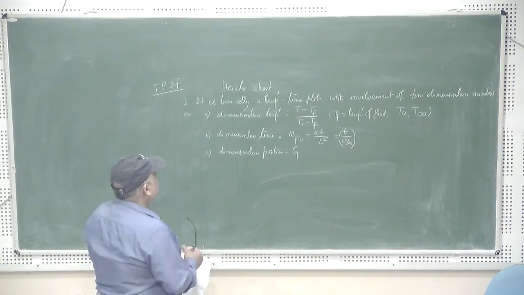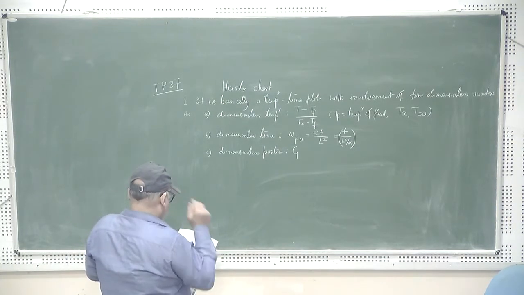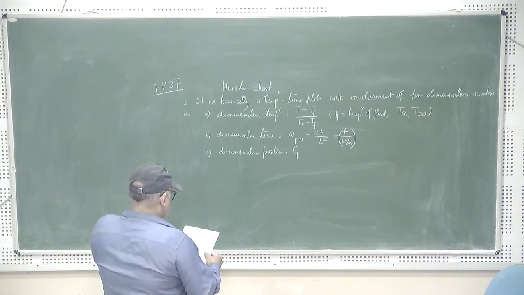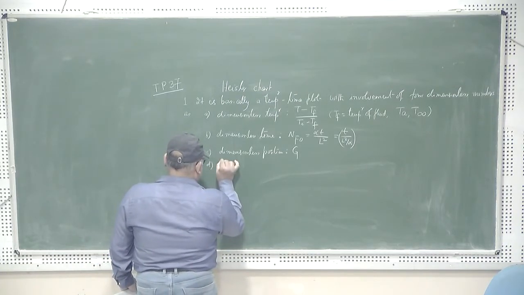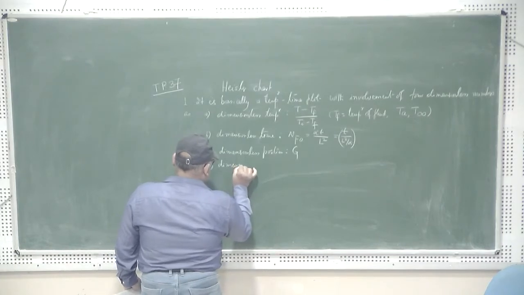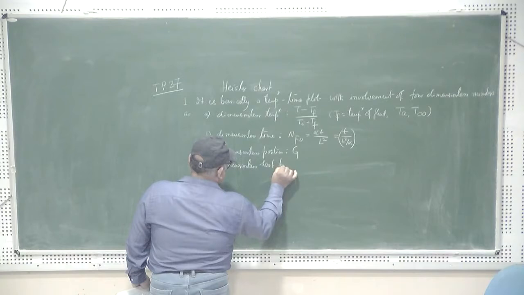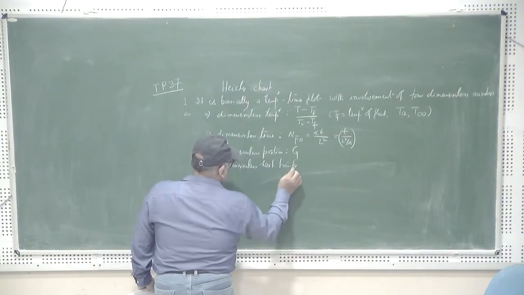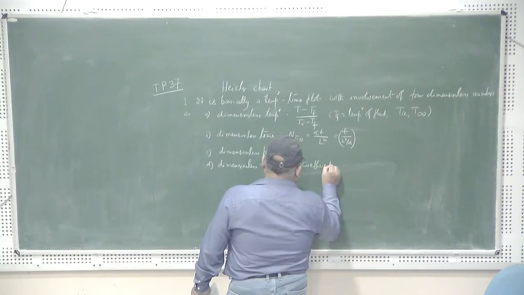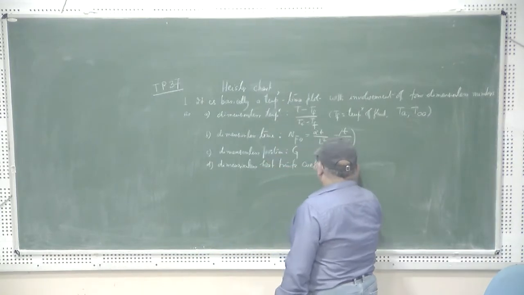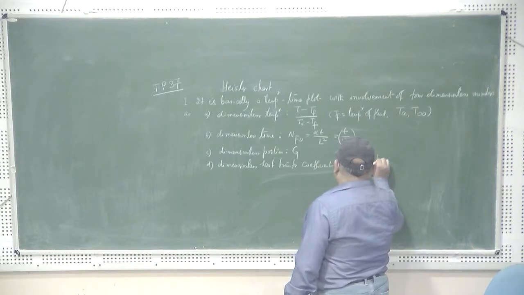The fourth one is the dimensionless heat transfer coefficient. This dimensionless heat transfer coefficient is also known as Biot number NBi, that is equal to hL upon k.